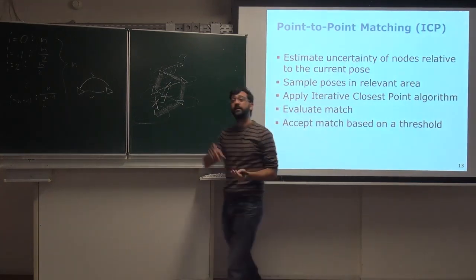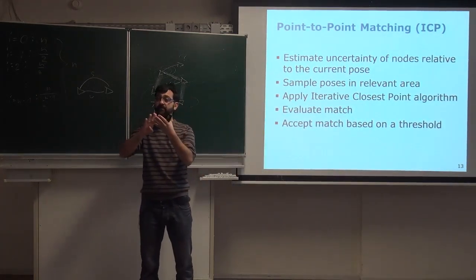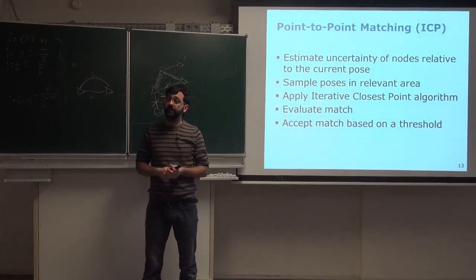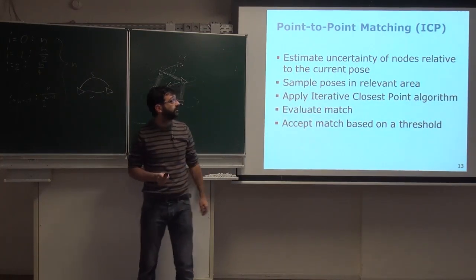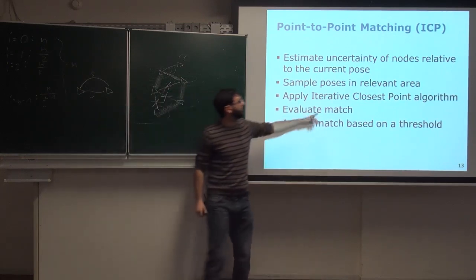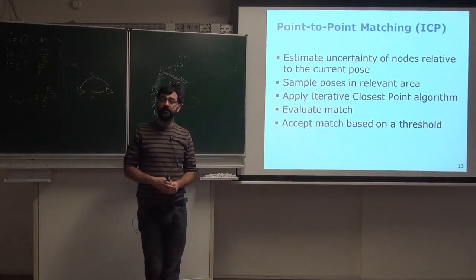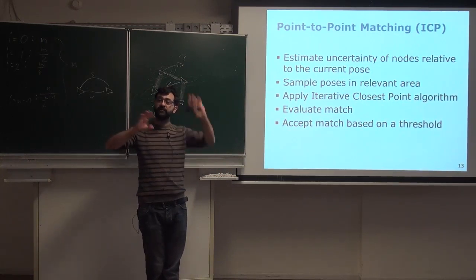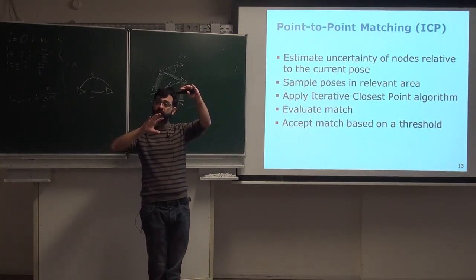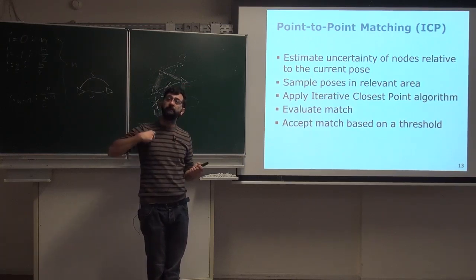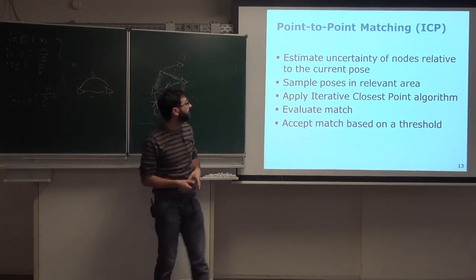I define an error metric between them, and then I try to align them in the best way possible. The most famous work is the iterative closest point algorithm, which just iterates over the points, gets the closest point, and then by this association, it knows which is the best alignment that you can get, and iterates over and over.